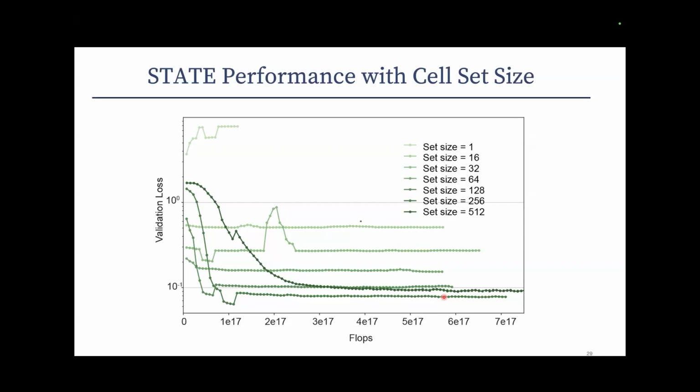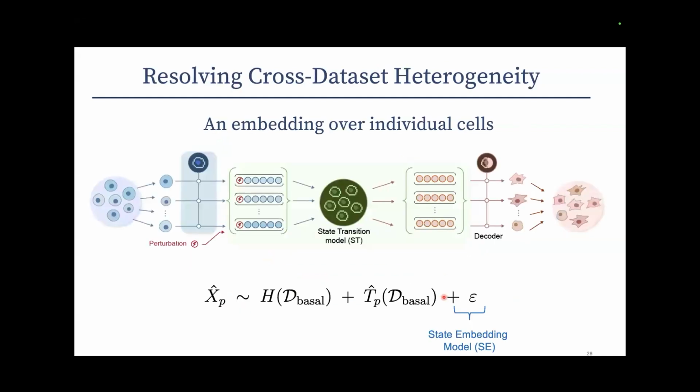We have two versions of our model, one that works directly on gene expression and one that works in the embedding space that I mentioned earlier. In the embedding space version, we embed the RNA profile of the cell into a lower dimensional embedding of, I think, 256 or 512 dimensions, and that is fed in as the token.